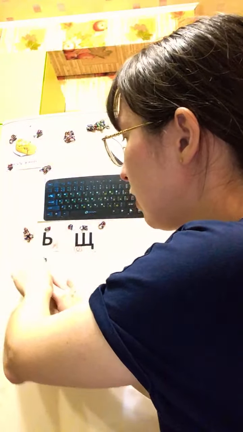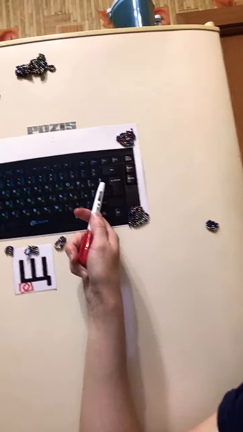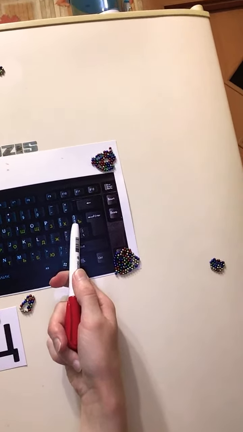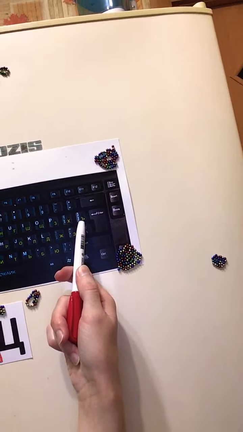I'm going to pin it here. Let's find it on the keyboard. If you switch your language settings to Russian and click this button with these brackets, here you will get a Russian hard sign.